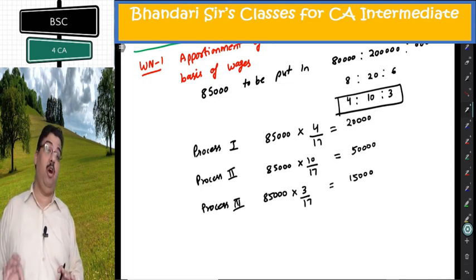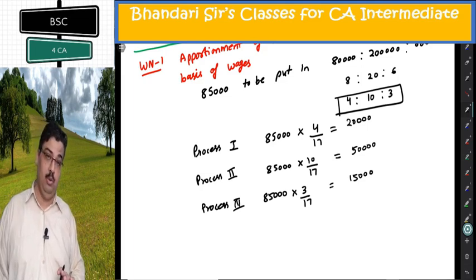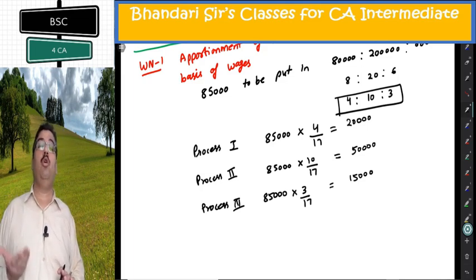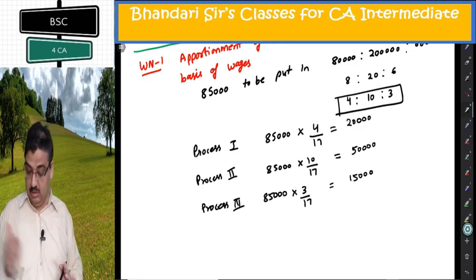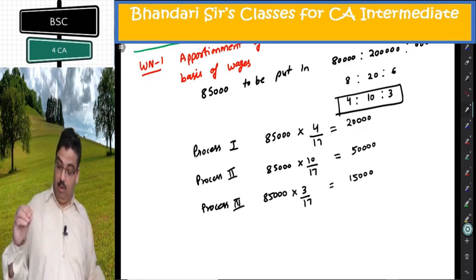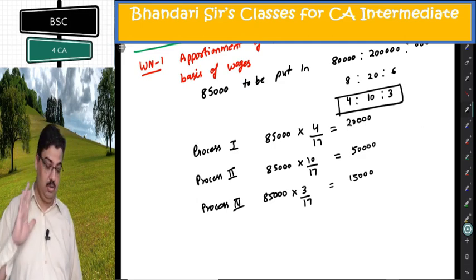I'll make them in the format that I have taught you. I'll not use the format of your institute module. They are making a column for cost per unit. I can avoid it. I'll put units and amount. Although units remain the same in all the 3 processes, you are starting with 240 units, remain the same in the second process, and in the third process.